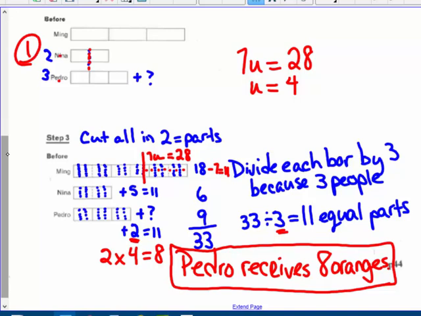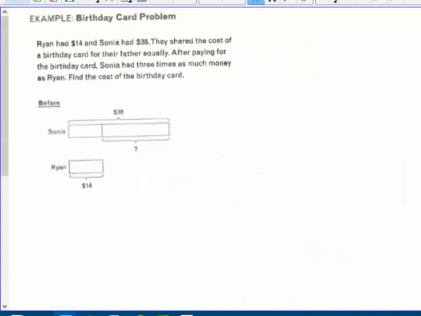Step 2 was, now I'm dividing by 3 people to get each bar cut into thirds. Then step 3 is I have to shift and make them all the same. Well, if I have a total of 33, divided by 3 is going to give me that 11. Wow, a lot of work in that problem. Great problem though. Let's go to the next page.